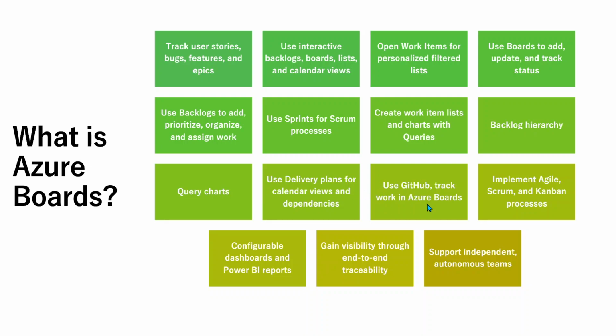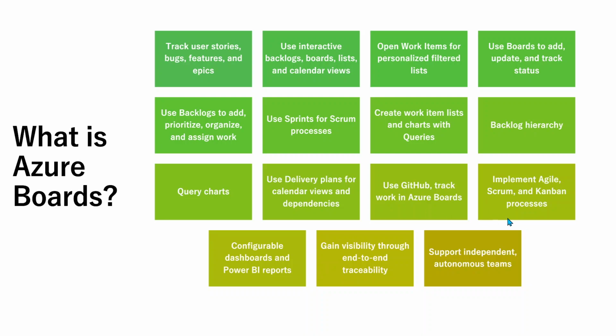Okay, next one is use GitHub and track work in Azure Boards. Okay, so by connecting Azure Boards with your GitHub repositories, you enable linking between GitHub commits, pull requests, and issues to work items. Basically, you can link it with the version control tool GitHub to actually track your work in Azure Boards.